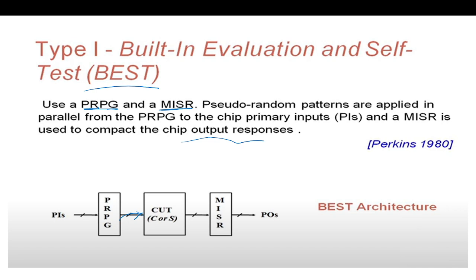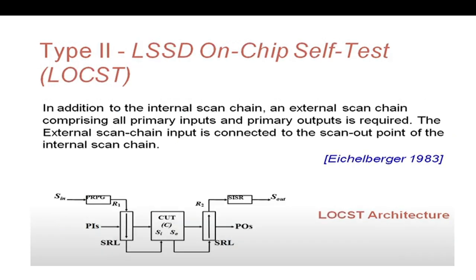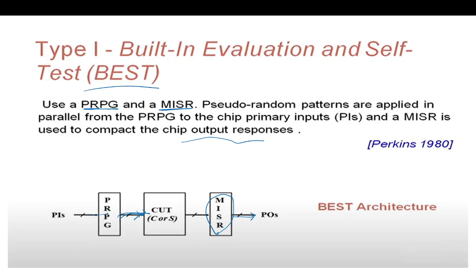So we apply the primary inputs and analyze the response using the MISR. During normal operation, this will not be working. The primary inputs will be applied and the response will come to the output.